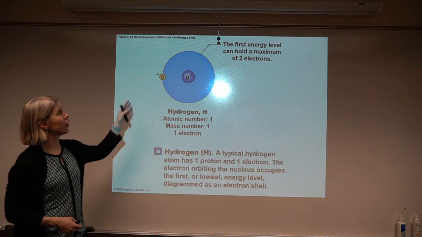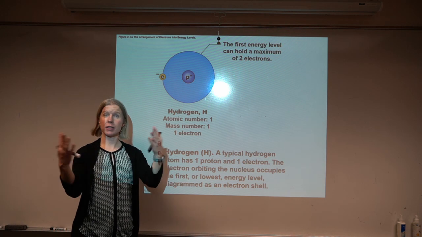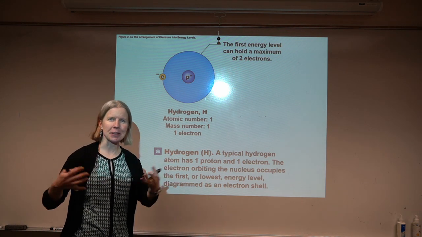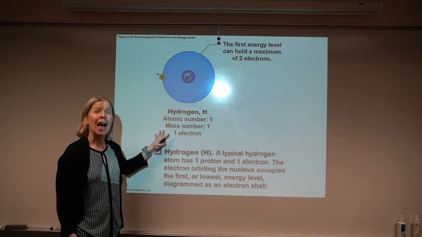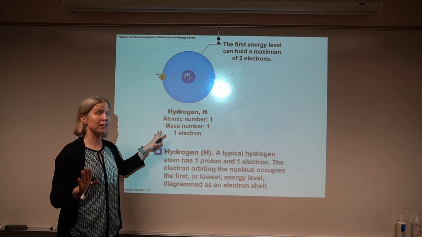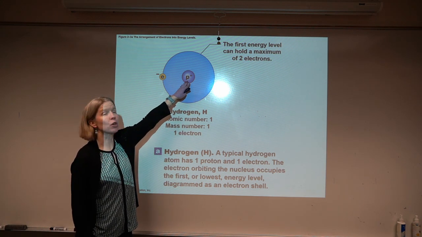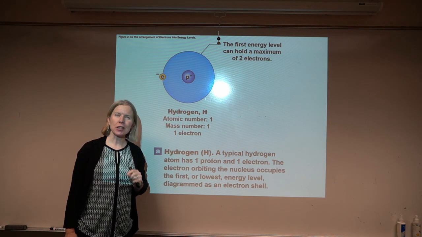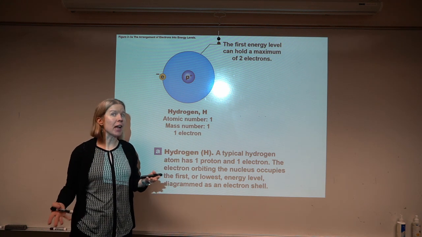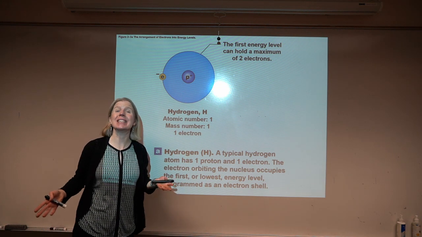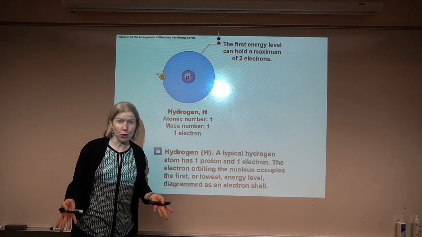So what they're looking at here is hydrogen. This is one of those top 6 elements that makes up a big portion of you, and it is also the simplest. This is a great element to look at. It has a single proton, and most of the time, unless you're talking about an isotope of hydrogen, it doesn't even have a neutron.